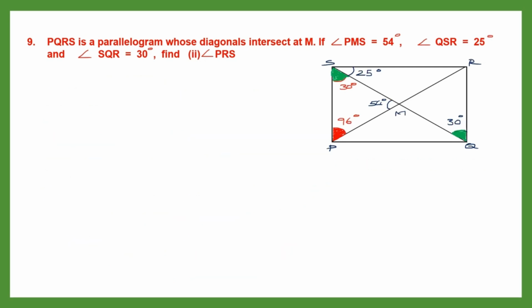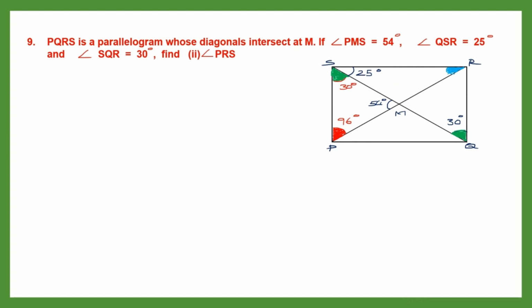Now, our second question here is we have to find angle PRS. Now, which one is that? Angle PRS. We have to find this angle. So let's color that in blue. Okay, so this is the angle that we need to find out. Now here, as you can see, we already know S, this whole thing is S. We know P, and now we just have to know R. So let's take this triangle PRS, the whole triangle PRS.